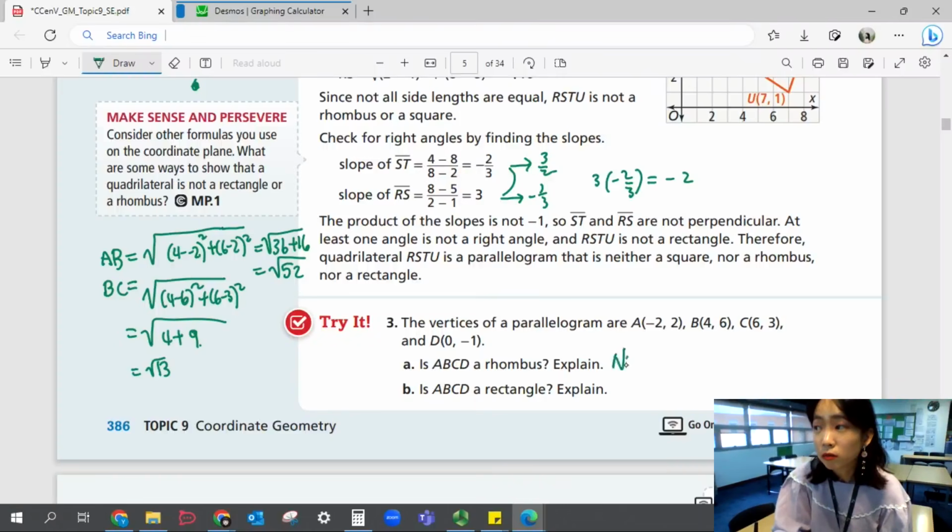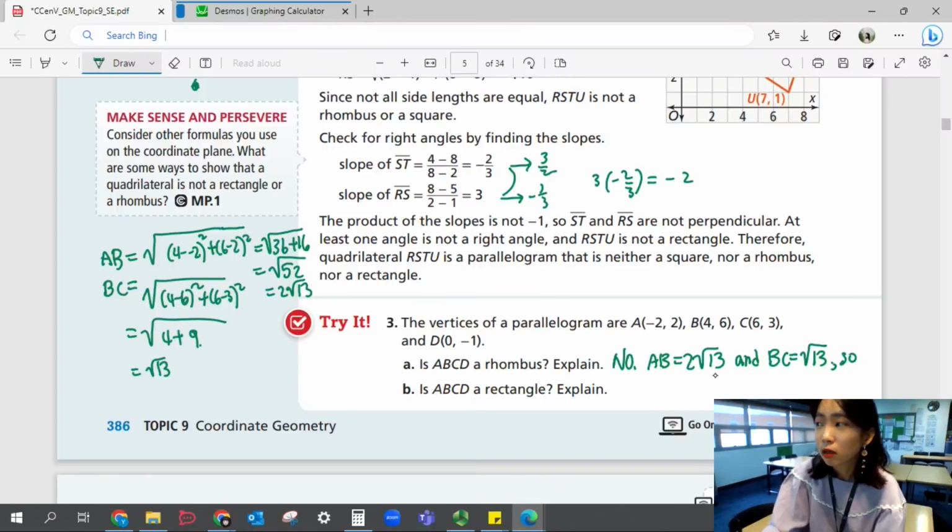So, no. It is not a rhombus because AB is equal to 2 root 13, and BC is equal to square root 13.